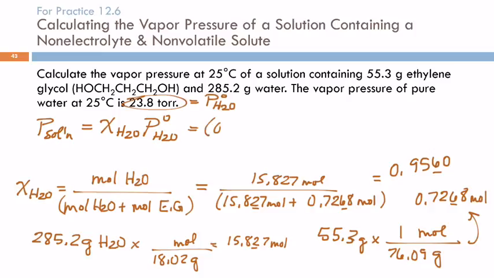So the mole fraction is 0.9560, and the vapor pressure of the pure solvent is 23.8 torr. So we get 0.956 times 23.8, 22.8 torr.